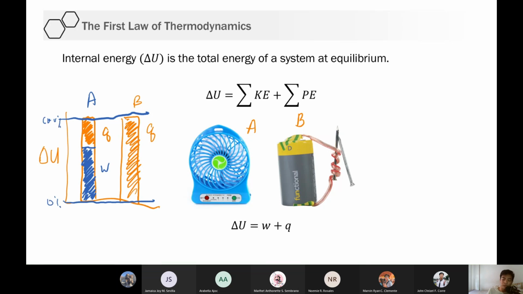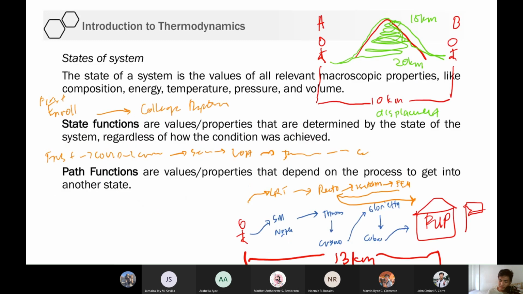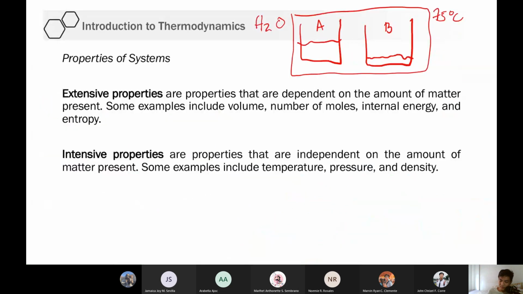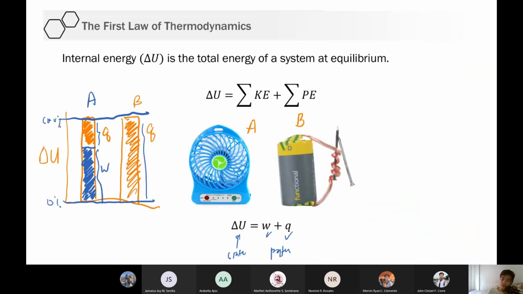But heat and work are path functions. It depends on how you used the value. You can use all of it as Q, or only a portion of it, and then that portion is W. So these are path functions, and this is a state function. State functions only depend on initial to final. Like with the battery, as long as it's used up, that's its energy. So internal energy is a state function. But how you used its energy is a path function. You can use all of it, 100% heat. So be careful, okay?